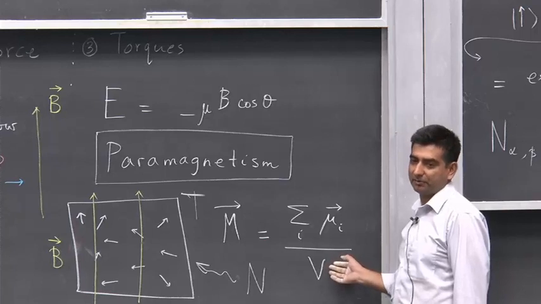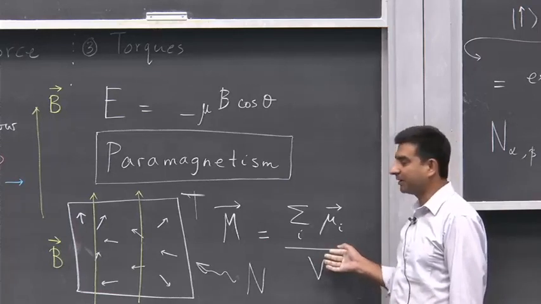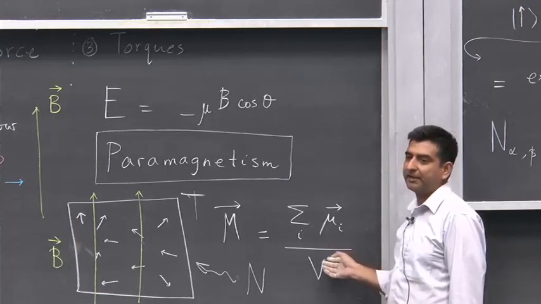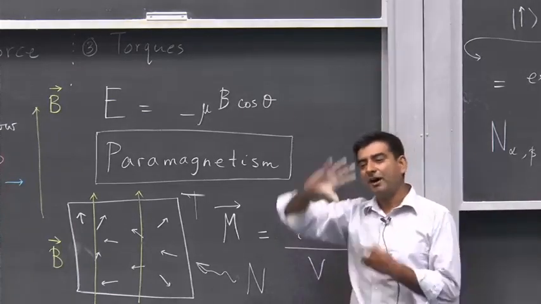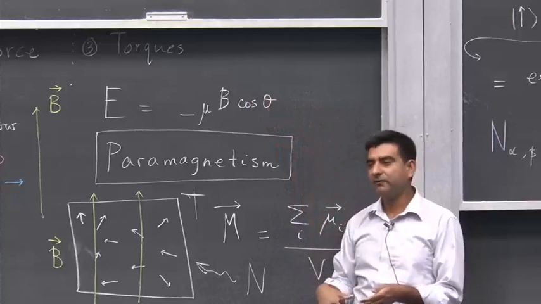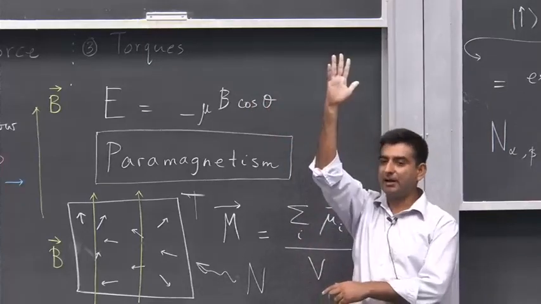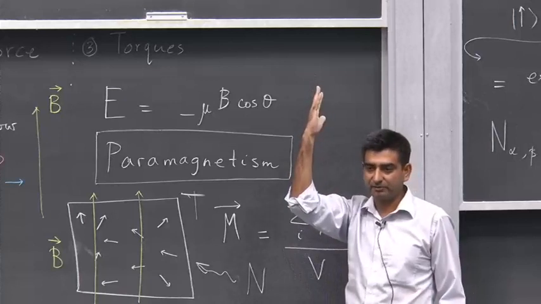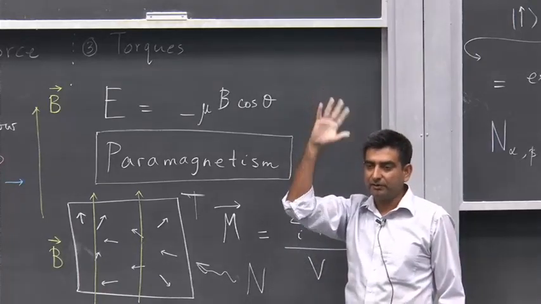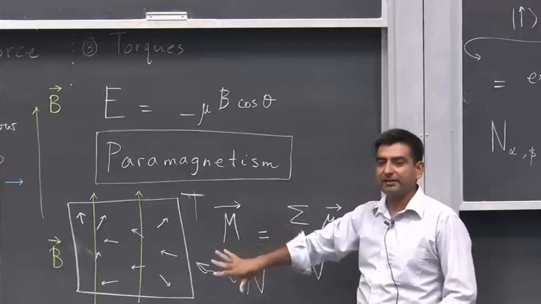When can this be 0? When the sum is 0, but the magnetic moments are either parallel or anti-parallel. So this can be 0 only when half of the spins are in the alpha state and half of them are in the beta state, because alpha is up, beta is down. And that can only happen at infinite temperatures. Okay? So this system will have some magnetization.